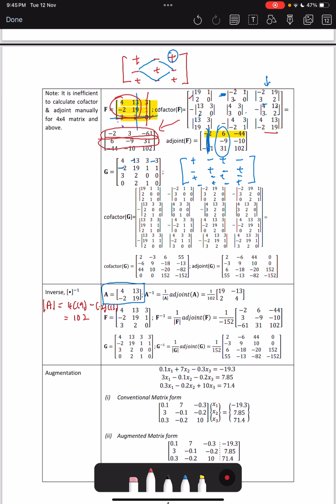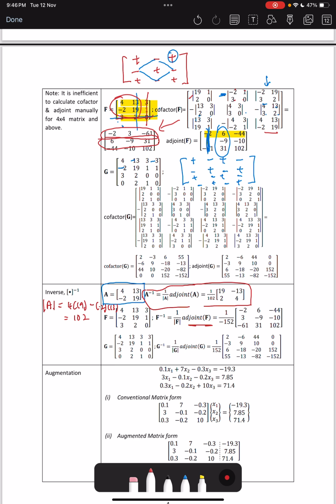Okay, so the adjoint A is actually this one, transposing this one and then making it negative. So this is the inverse matrix A. For the 3 times 3, 1 divided by that determinant, multiplied with the adjoint of that matrix.